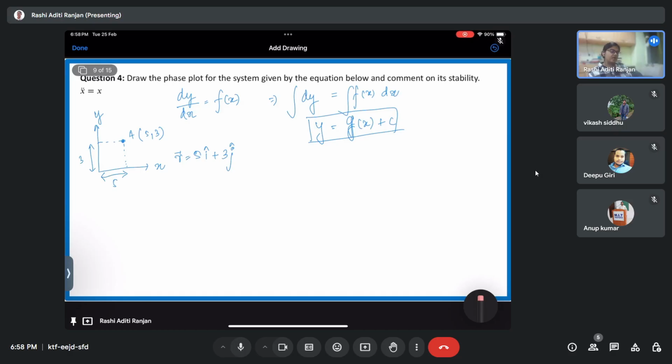If you know the eigenvalue and eigenvector, how is it even important? So if I have a system given in the form A x equal to lambda x, where x is a vector, in this case lambda is nothing but the eigenvalue and x is nothing but the eigenvector.